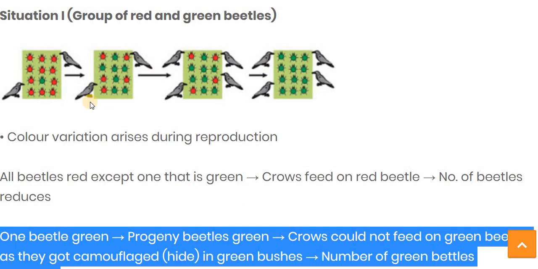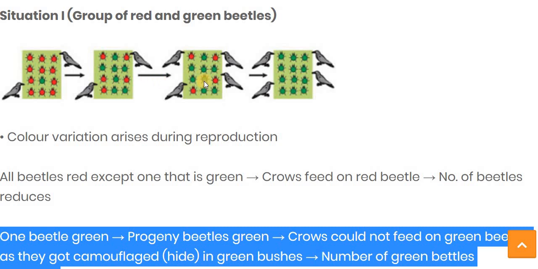Here you can see in the figure. In the first figure only one beetle is there which is green. Later, in the second figure, only five beetles are red and the rest are green, because a red beetle can easily be seen by the crow and eaten, but green has more chances of survival than red.